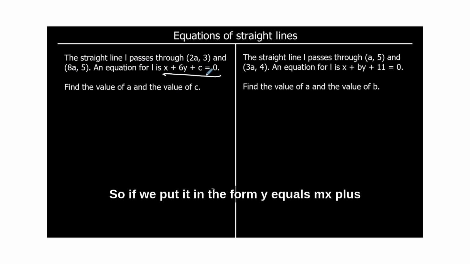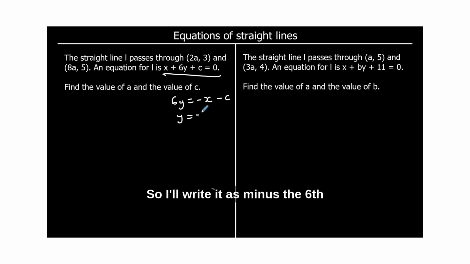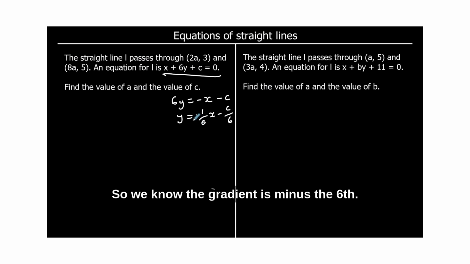So if we put it in the form y equals mx plus c, take away x from both sides, take away c from both sides, and then divide by 6. So I'll write it as minus 1/6 x minus c over 6. So we know the gradient is minus 1/6.